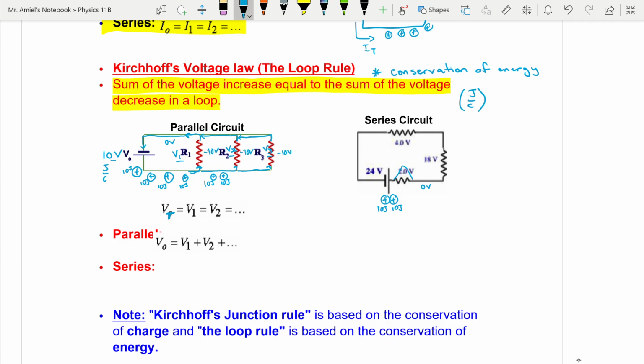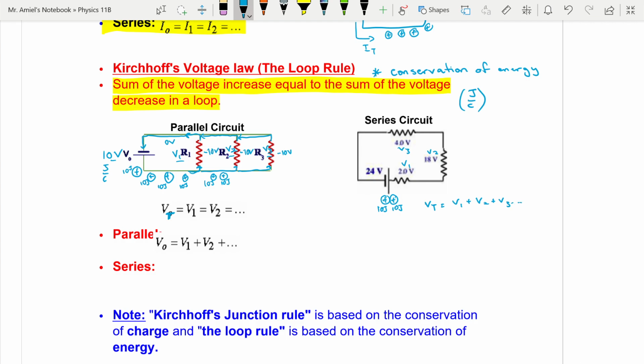So in a series circuit, we are going to lose a portion. This is going to be our V1, this is our V2, this is our V3. We lose a portion of our total voltage across each of these resistors, which means that our voltage total is going to equal our voltage lost across the first element, plus our voltage lost across the second element, plus our voltage lost across the third element, and so on.